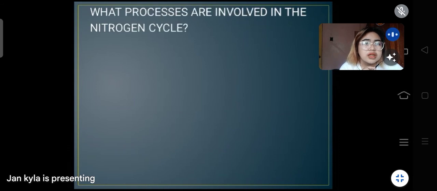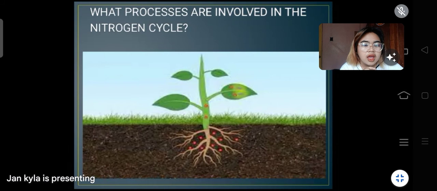What processes are involved in the nitrogen cycle? The nitrogen cycle revolves around an important creature on Earth, the bacteria. Bacteria, then, is it bad for us since it promotes illnesses? Well, not all bacteria are bad. In fact, some of them are in your tummy to help you digest food.